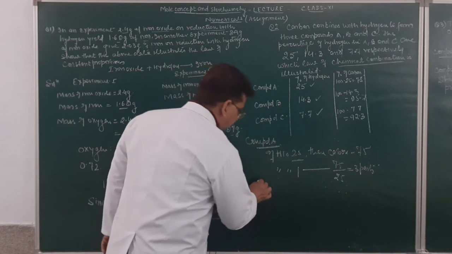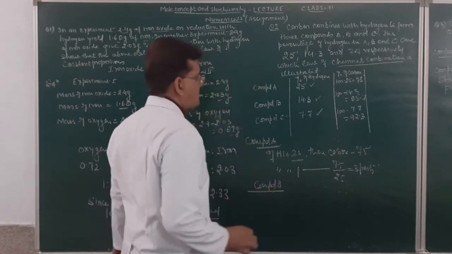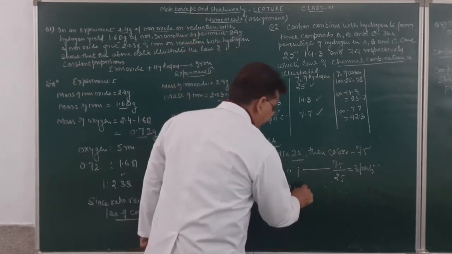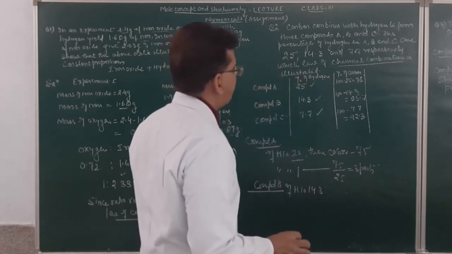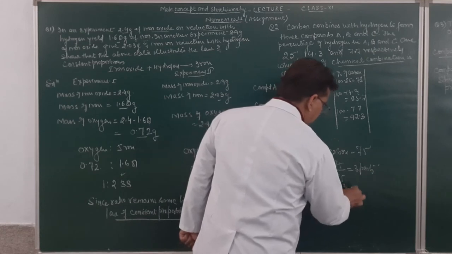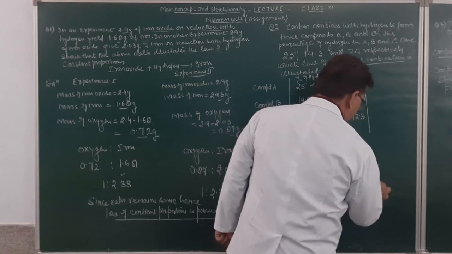Now, in compound B, if hydrogen is 14.3, then the percentage of carbon will be 85.7.